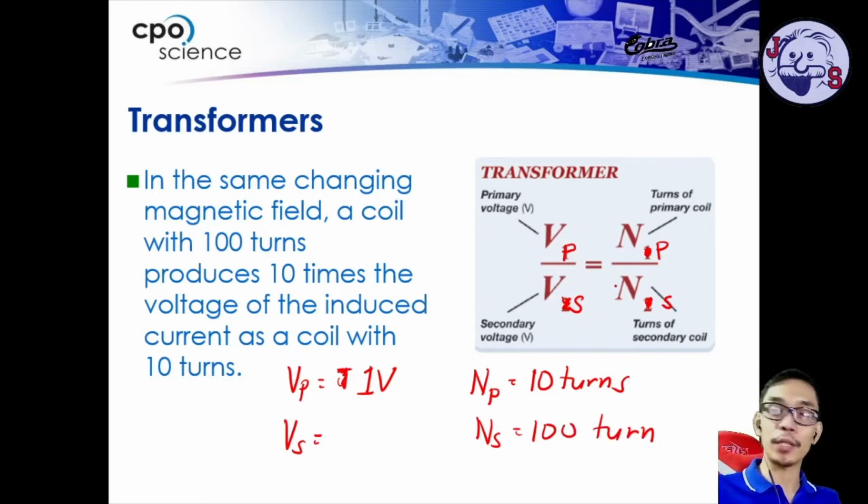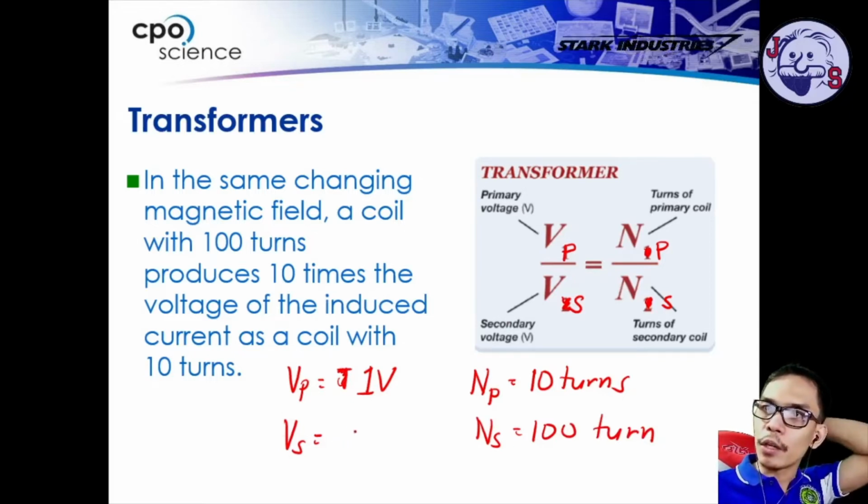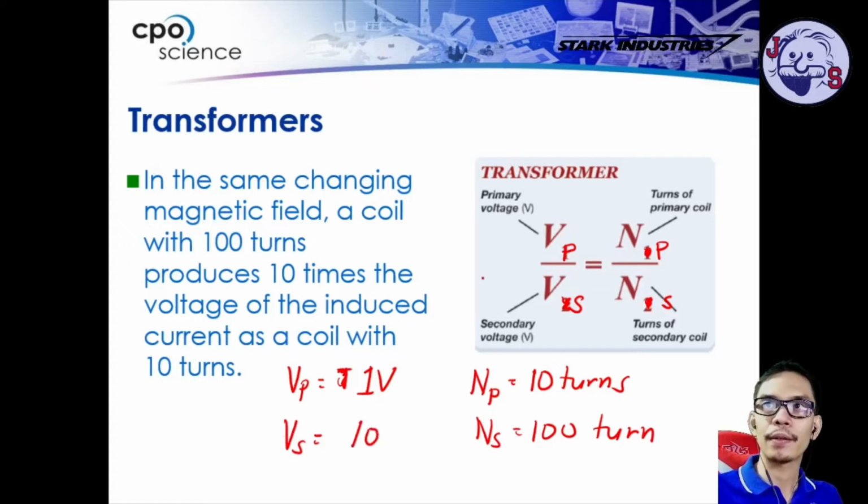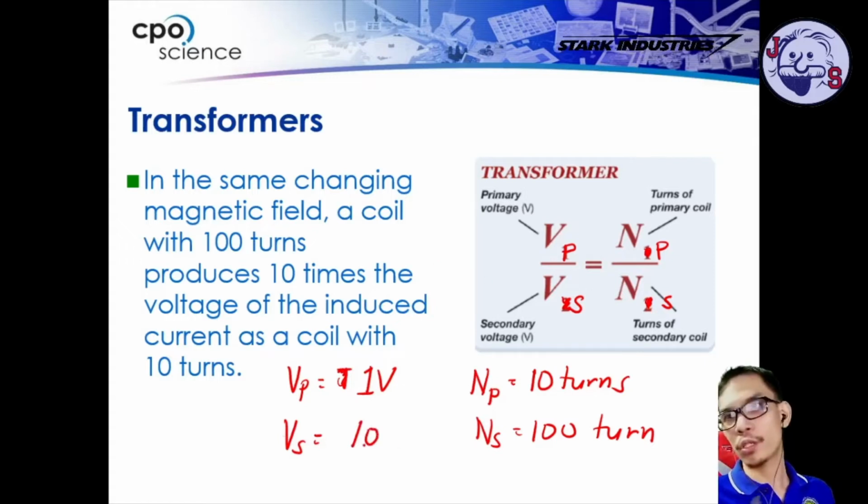What will be the voltage? Alright, so as you can see here, the secondary voltage will now be 10. Alright? So, if you use our calculator, 100 over 10, that will be 10.